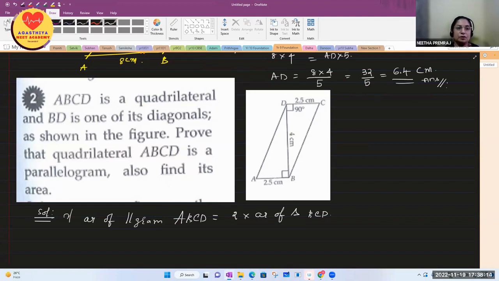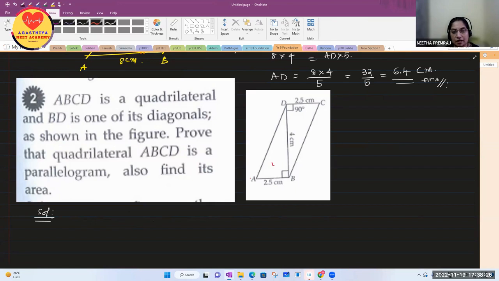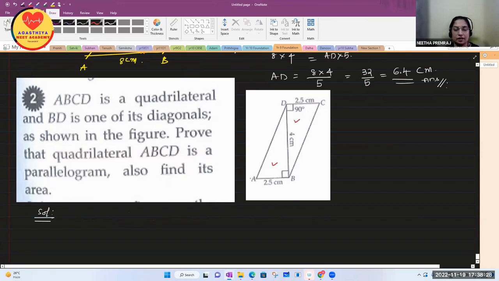You don't want to think too much, we will find it out one by one. Consider this as a triangle and this is also a triangle, separately. Both have equal bases and the same height.